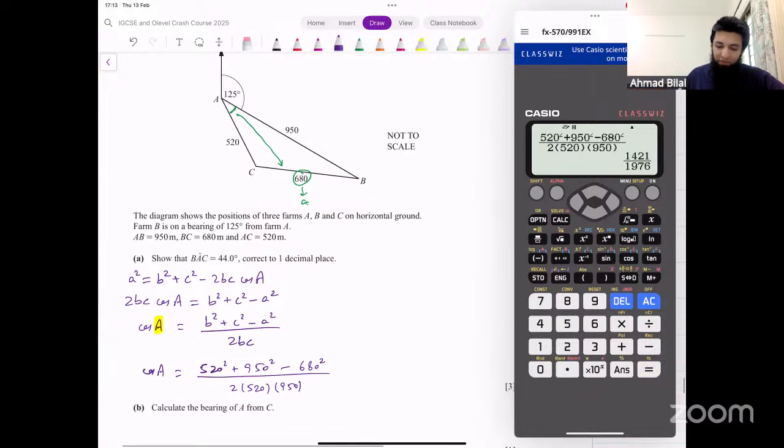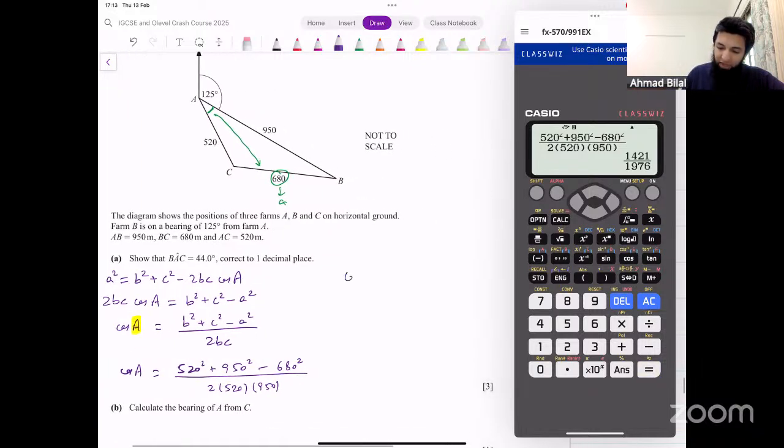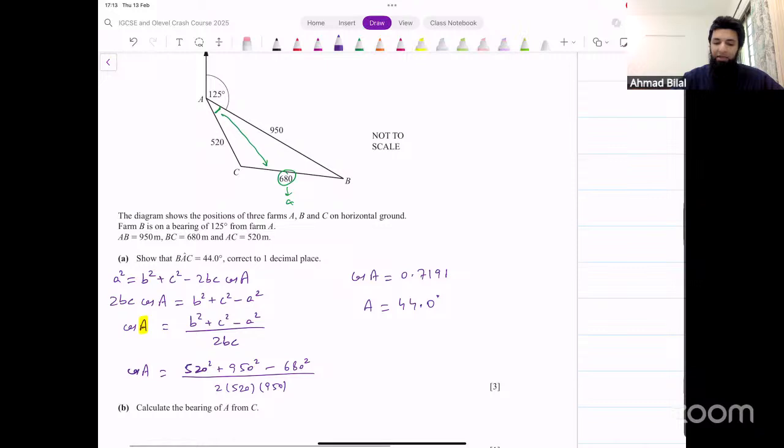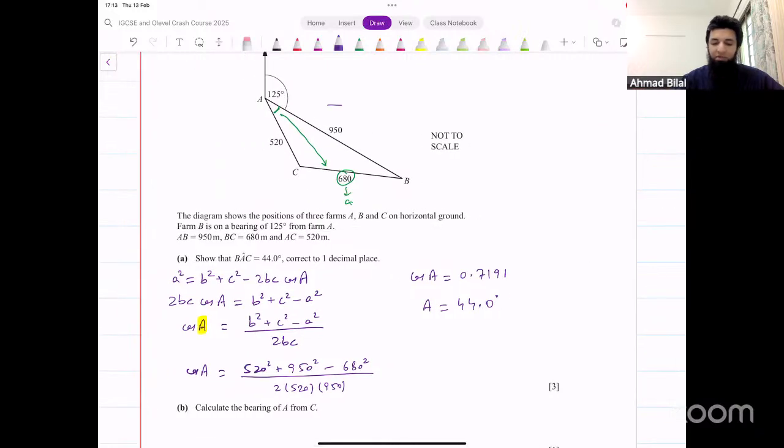Now we have to do cos inverse of this, right? So cos A turns out to be 0.7191. Now you can do cos inverse of that, and that will give you the angle that you're looking for. Cos inverse of this value is 44.0 degrees to 1 decimal place. And that's what we were looking for. That angle is 44.0 degrees.